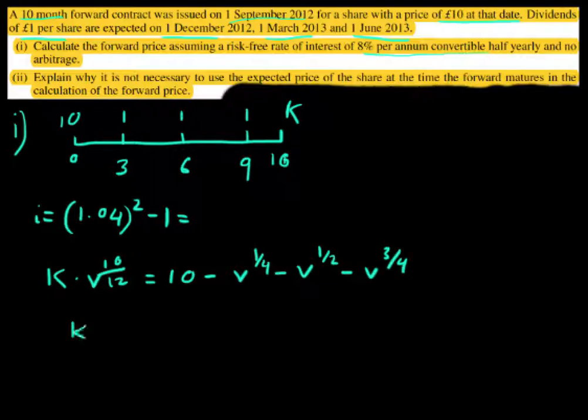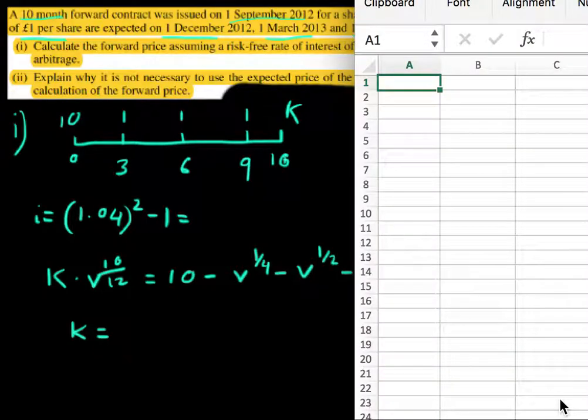Then we can just get K by itself. So let's figure that out. The effective rate is 1.04 squared minus 1, and that's i. Let's find V, which is 1 divided by 1 plus i. Now we'll figure out K, equal to 10 minus V^(1/4), minus V^(1/2), minus V^(3/4).